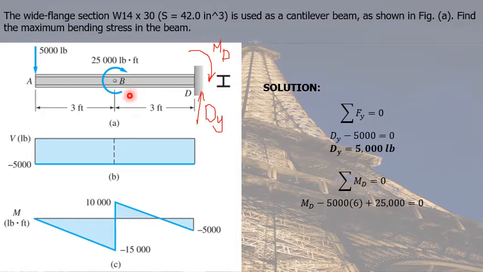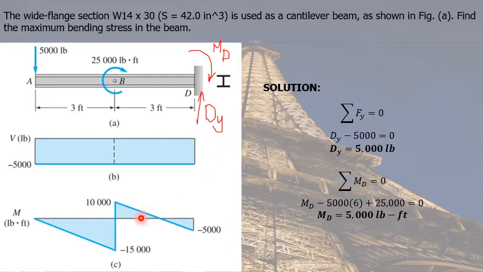And we have a clockwise couple, so we have a positive 25,000. We equate everything to 0. We can compute for MD equal to positive 5,000 pound-feet. Generating a positive value means that the assumed direction for MD is indeed correct.